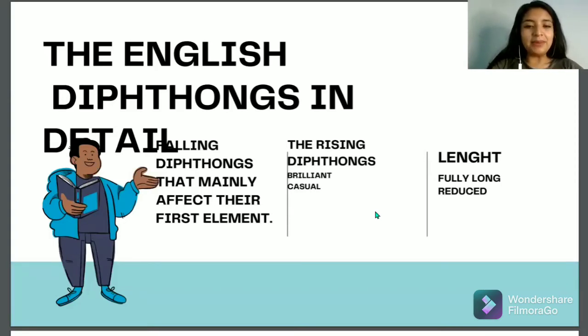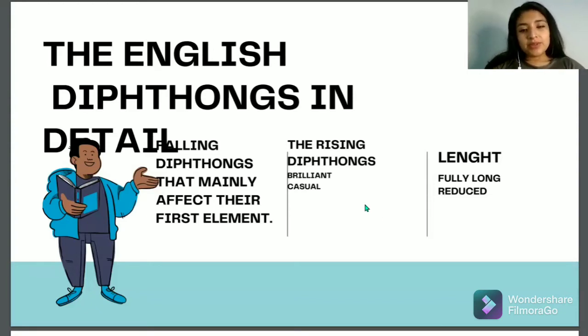details about the English diphthongs, and also the characteristics that they have. As I said, the vowels can be classified by quantity. In the case of the quantity variation of the English diphthongs, we have diphthongs that are mainly affected in their first element.